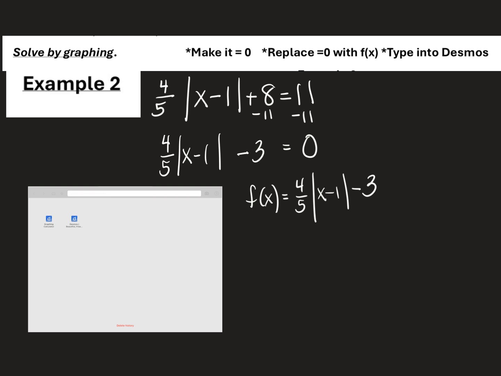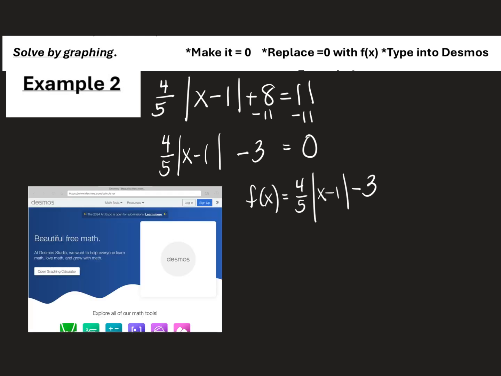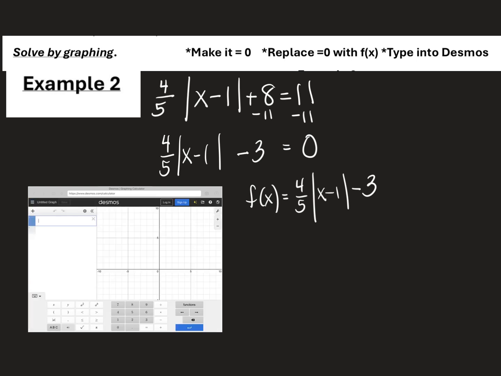I'm going to open Desmos and type y equals 4/5 times the absolute value of x minus 1, click outside of that, minus 3.